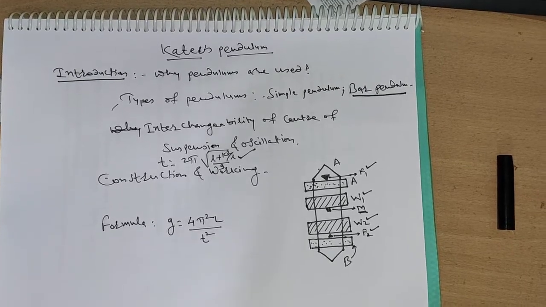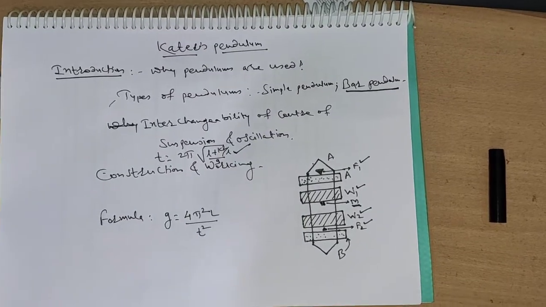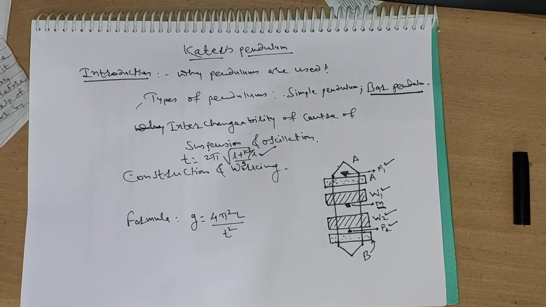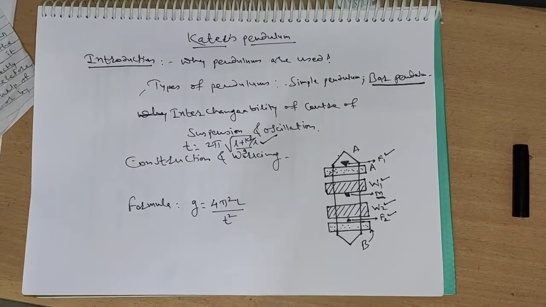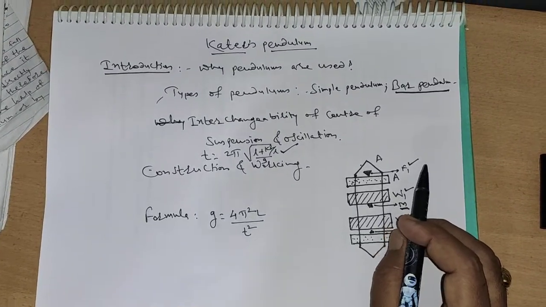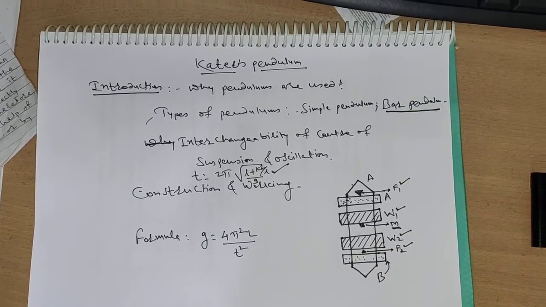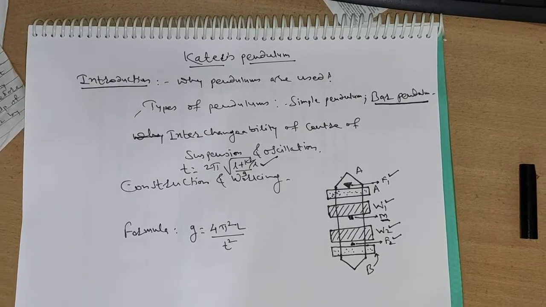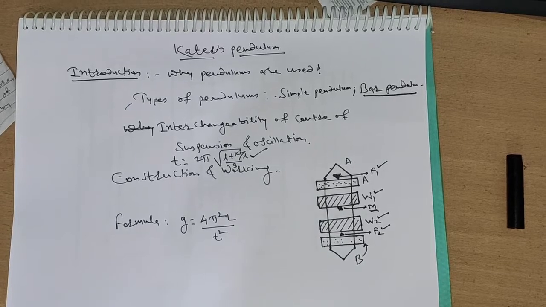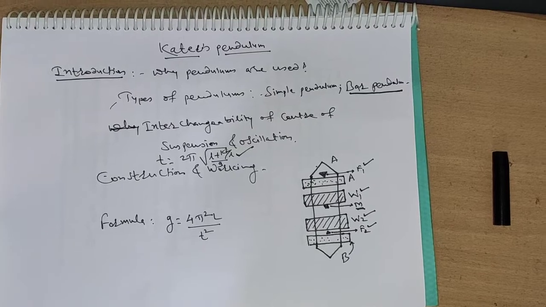For performing the experiment with Kater's pendulum to find the acceleration due to gravity, the pendulum is first suspended from the knife edge F1, and its time period is determined. It is then suspended from the knife edge F2, and its time period is determined again.